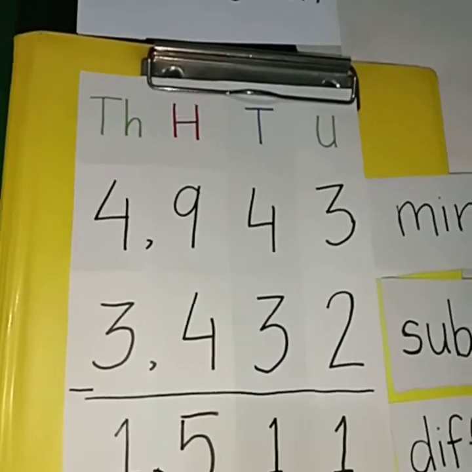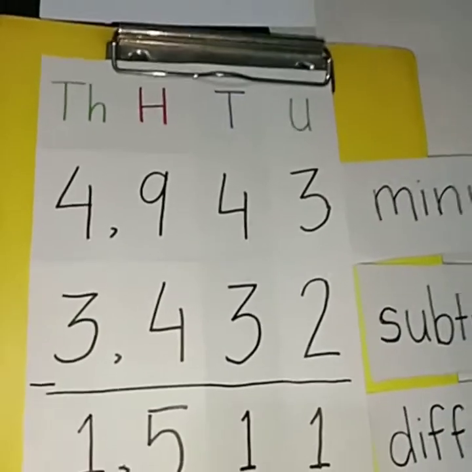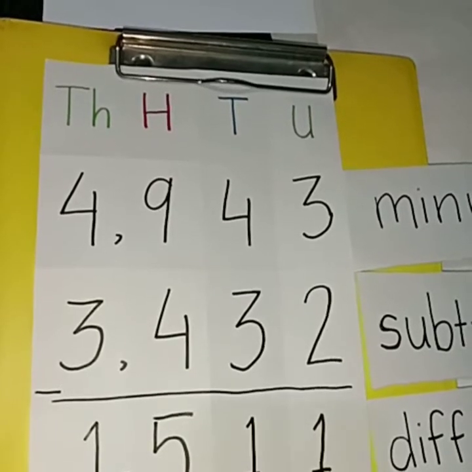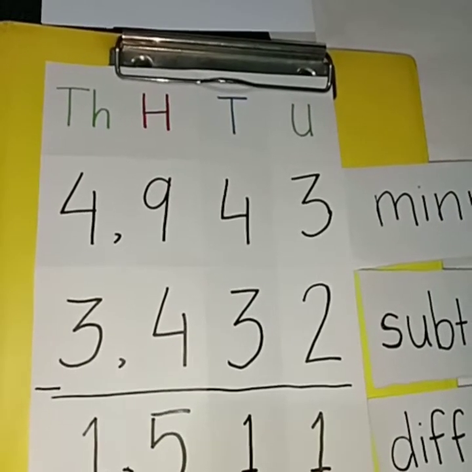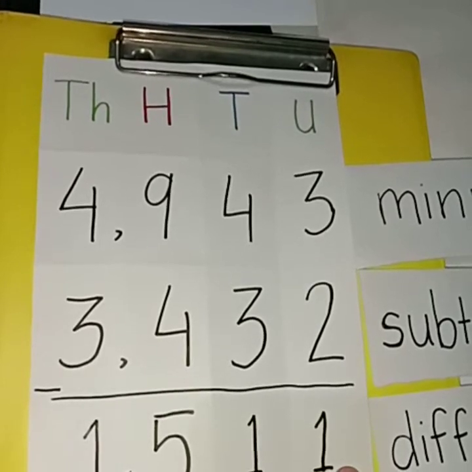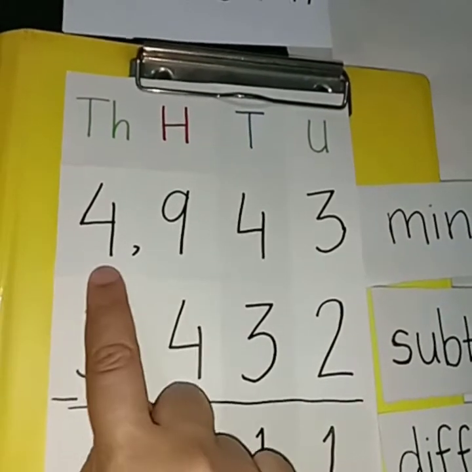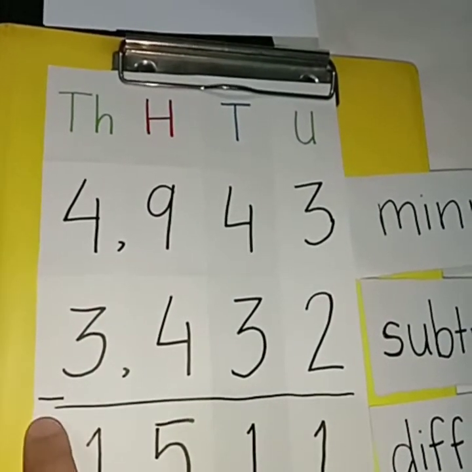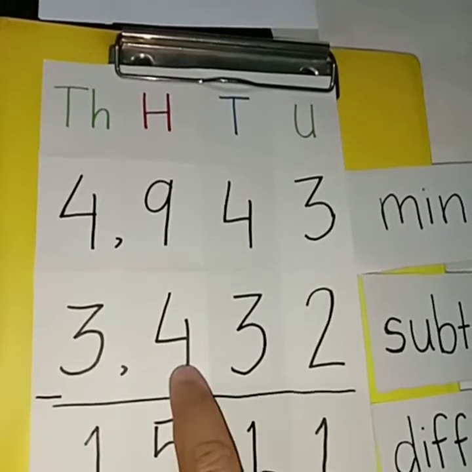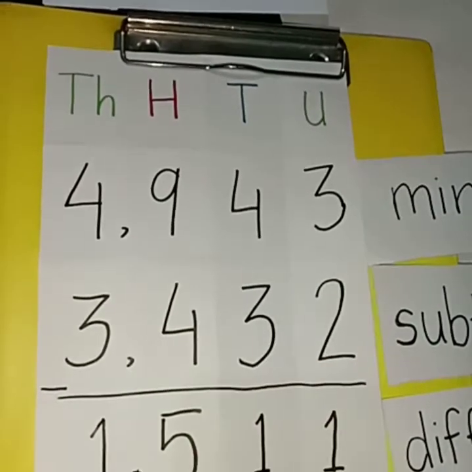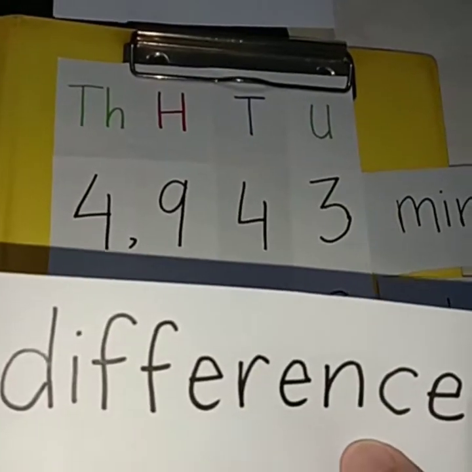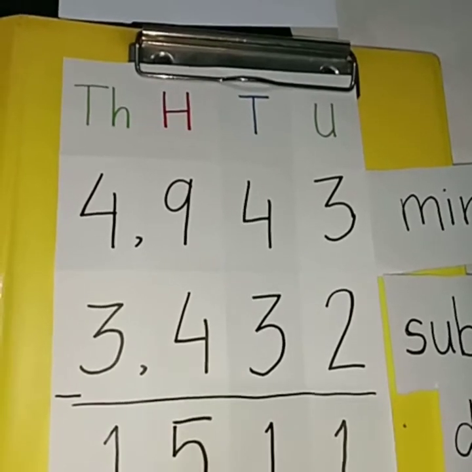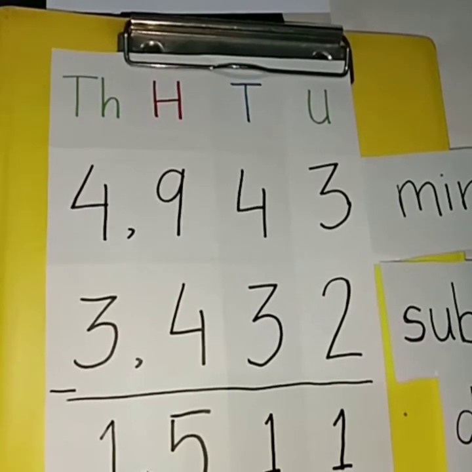Okay, let's read the answer. 1,500. 1 ten is 10 and 1 unit, 11. So 1,511. Okay, so 4,943 minus, or taken away by, 3,432, the difference or the remainder is 1,511.